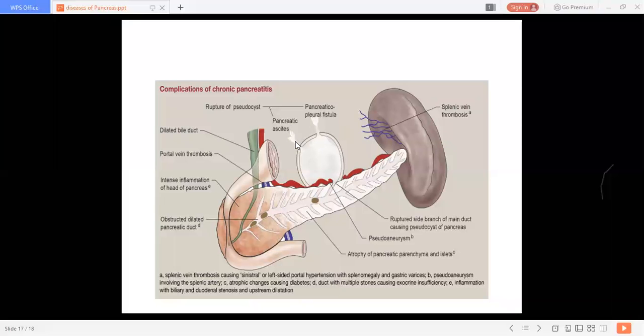This is due to release of the fluid present in the pancreatic duct. Whenever the cyst gets ruptured, it will give rise to pancreatic ascites. So these are all the complications of chronic pancreatitis. Okay.